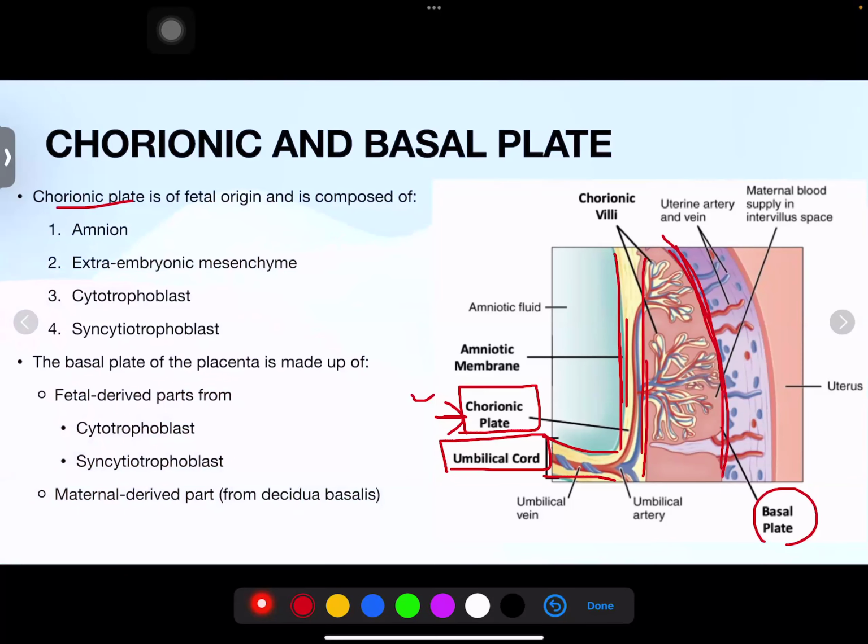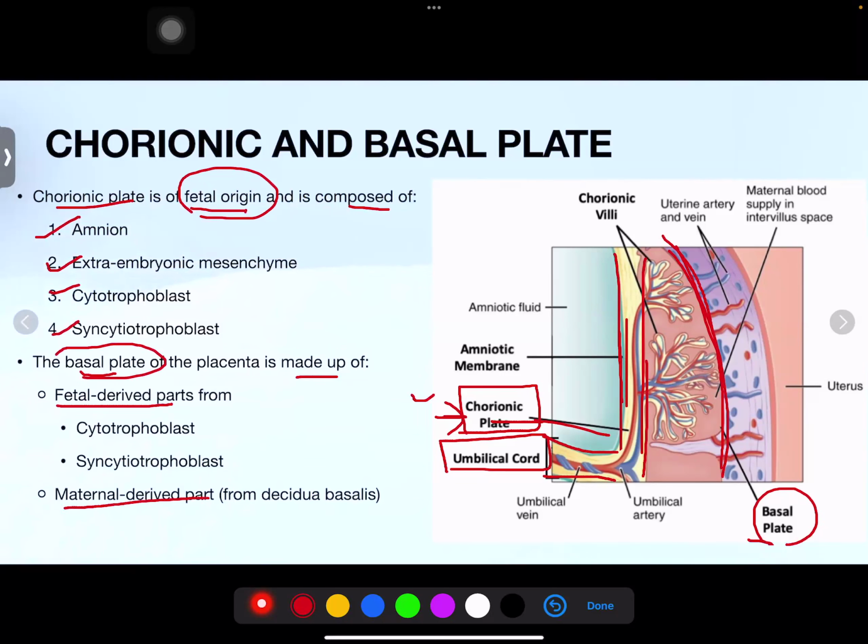Now the chorionic plate is of fetal origin and is composed of amnion, extraembryonic mesenchyme, cytotrophoblast, and syncytiotrophoblast. Okay, so all the trophoblasts are going inside, making the chorionic plate, and it is of fetal origin. The basal plate is made of fetal derived parts and maternal derived parts.